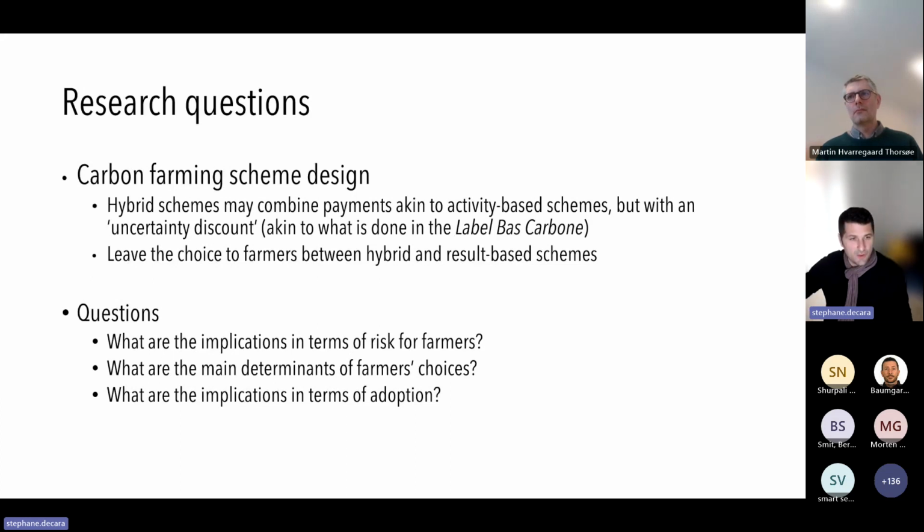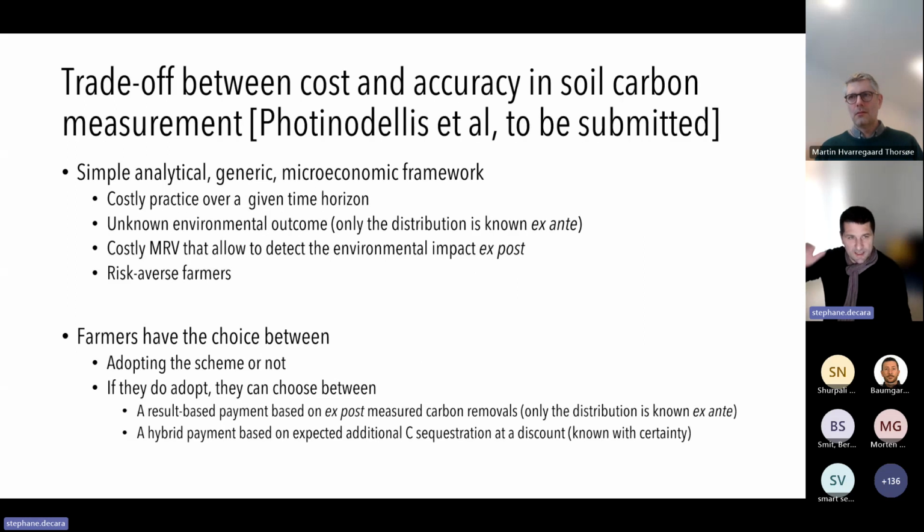And the questions we're looking at are the implications in terms of risk for farmers, the main drivers of the farmers' choices, and their implications in terms of adoption. So I will not go into the detail of the models, but I will give you a quick overview of that and the results.